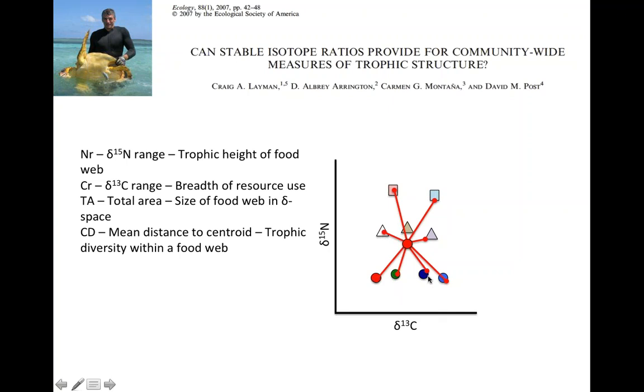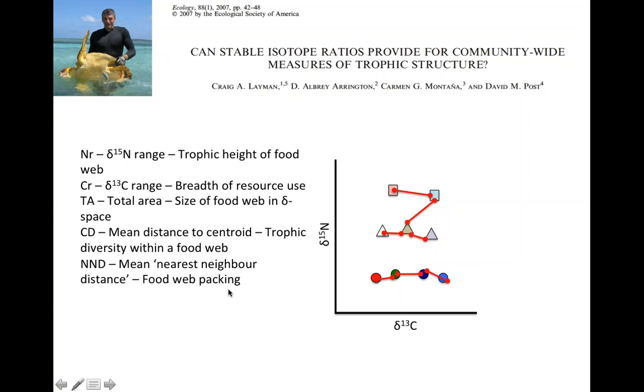If you have a very tightly packed system where everything is feeding on similar resources, there isn't great diversity of resources, you'll have a very low mean distance to centroid value. If you have a bigger system where you've got a number of different sources or higher consumers, that value will be greater.